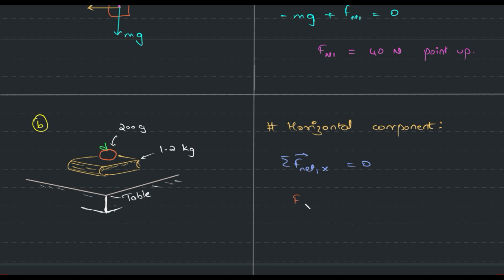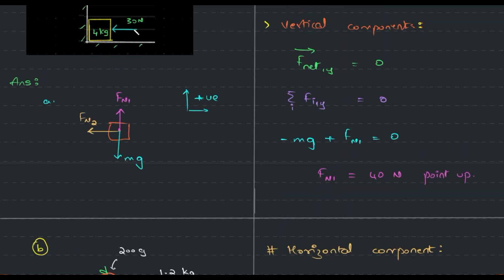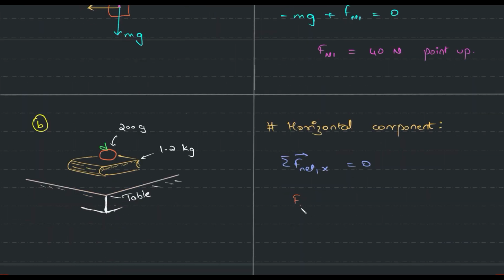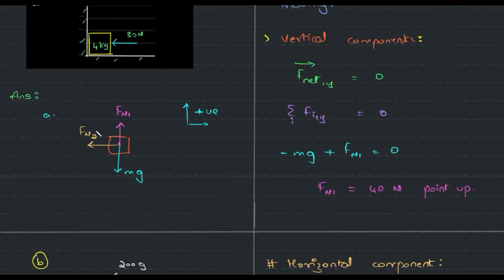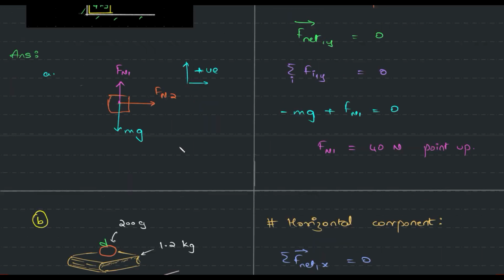And so F, this is 30 Newton. Fn2, I'm calling it as 2, right? Oh no, this is not the normal force, my bad. The normal force has to be opposite, supporting the object from moving against this force. So this is Fn2. My bad if I confused you guys over there.